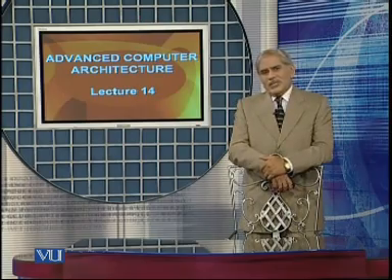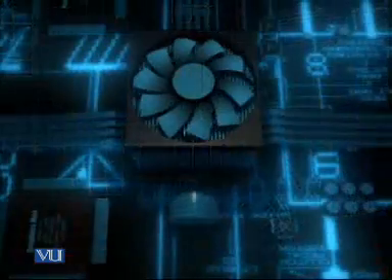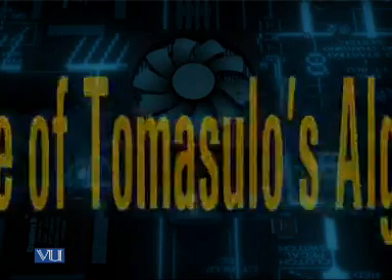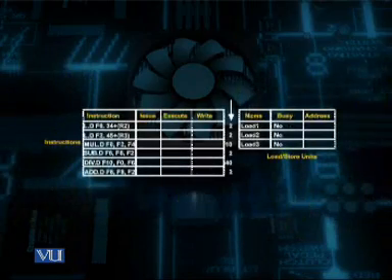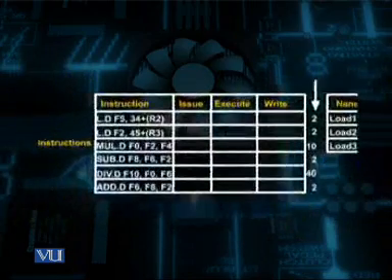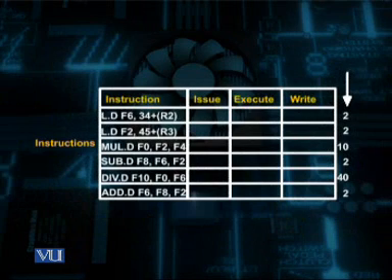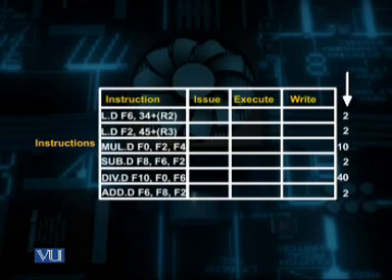Now we will discuss this with the help of an example, how Tomasulo can perform all the operations in 3 steps. For this purpose, let us consider this example program. The example program which we are considering in this particular case is the same as we considered for the scoreboard approach.